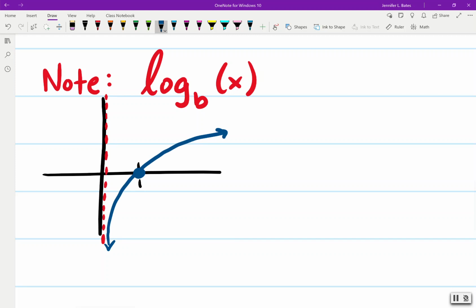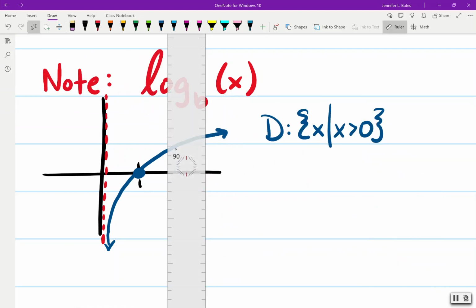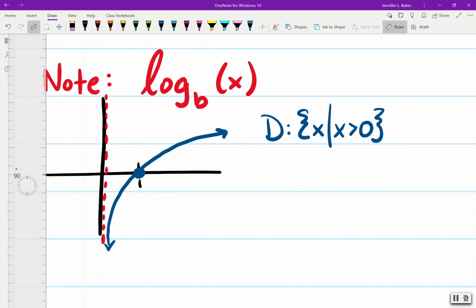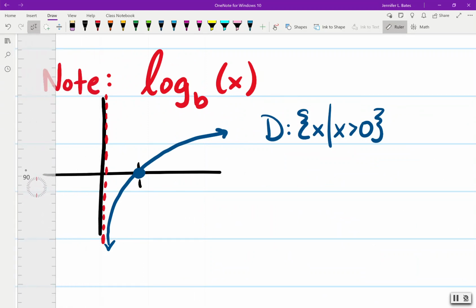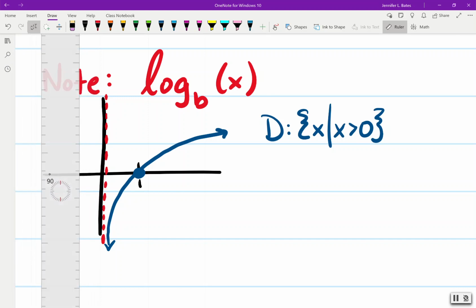The domain for this log, if we think about the domain, is x values such that x is greater than 0. So if I grab my ruler and turn it towards domain, that means all of these x values where my ruler is are not included, because my ruler doesn't touch right there.